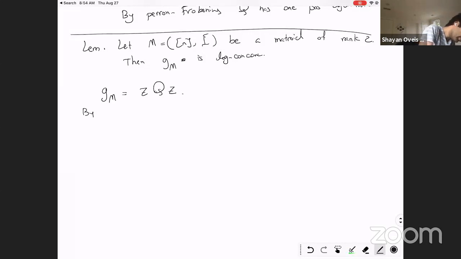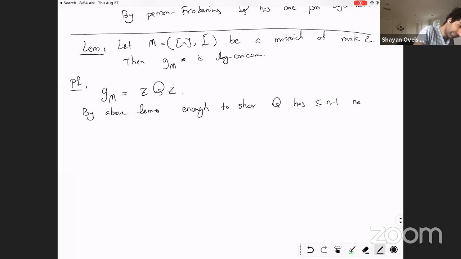So by the above lemma, it's enough to show that Q has at most 1 positive eigenvalue.